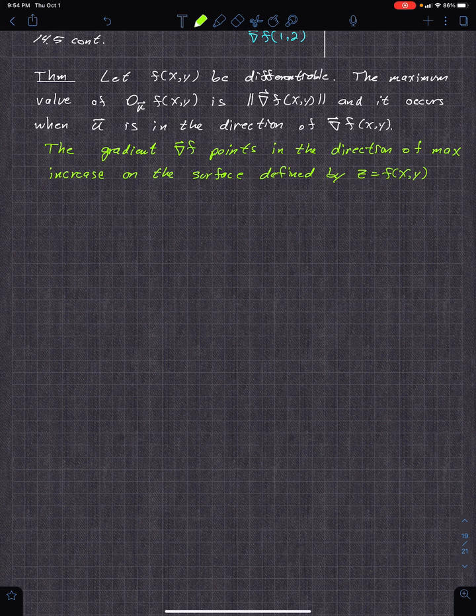Your f, of course, is creating a surface. F of xy is creating a surface, right? Take a paraboloid. Then the maximum increase is always going to be pointing basically perpendicular to the level values.